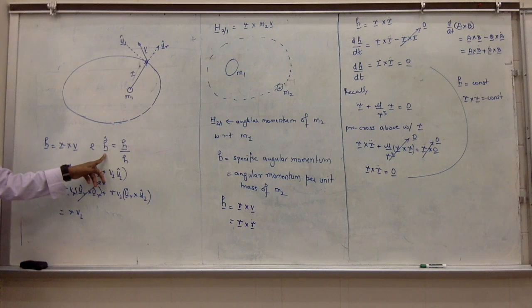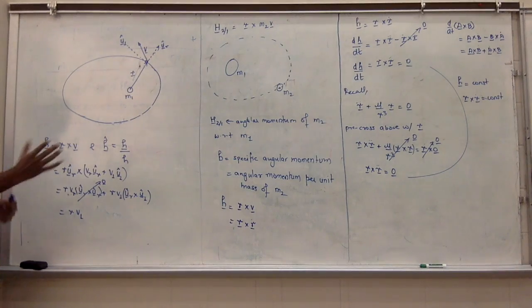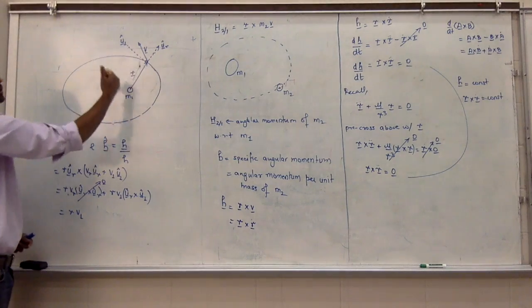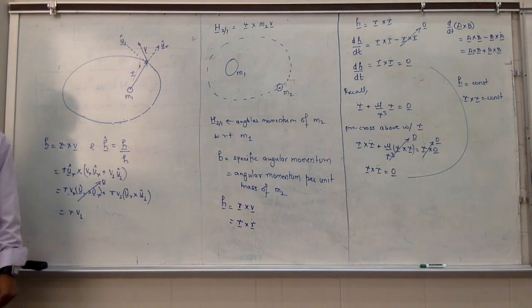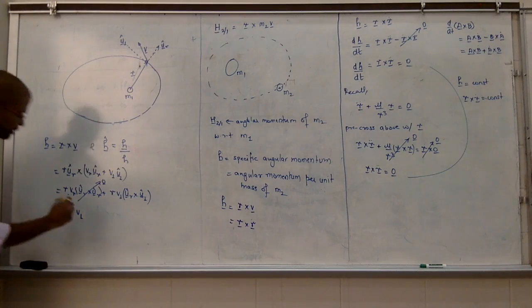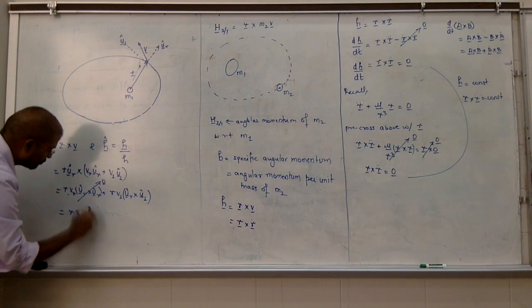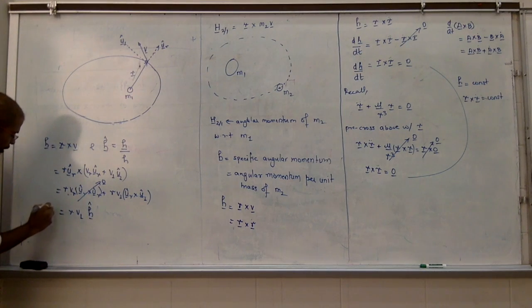H itself is not 0, the derivative of H is 0. So this is the H direction. So your H can be written as this.